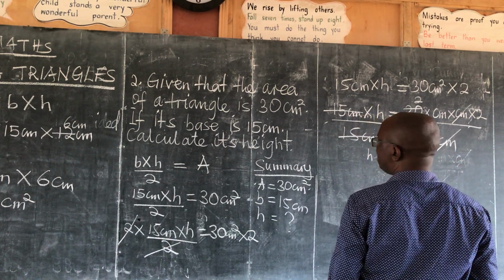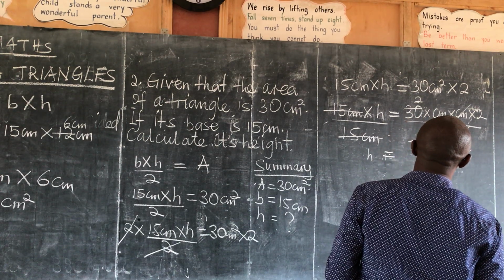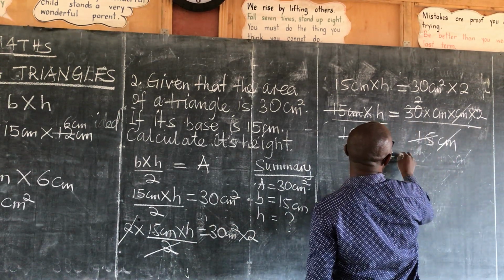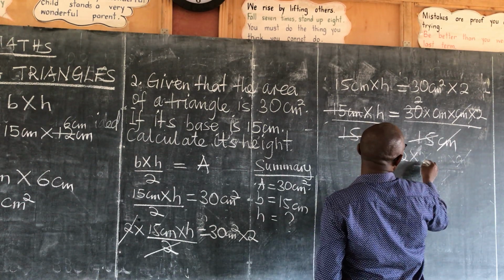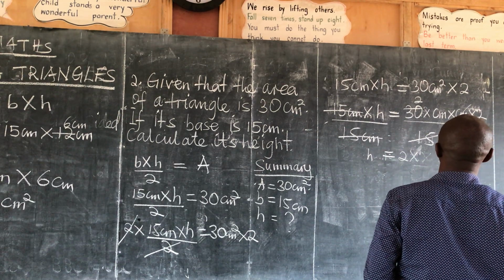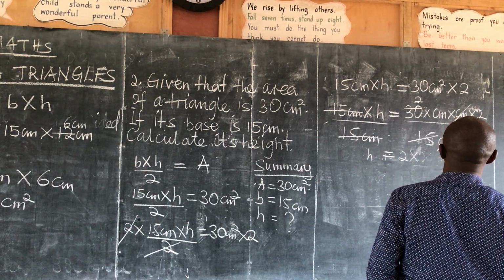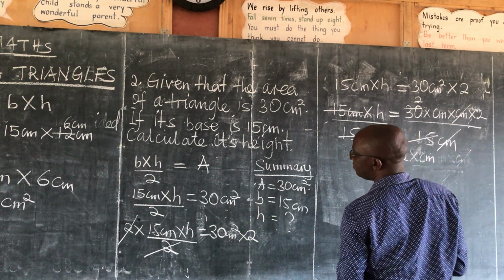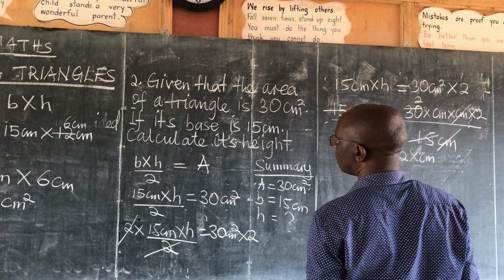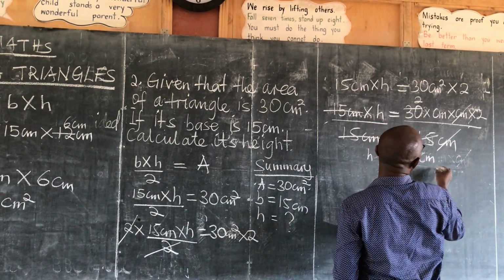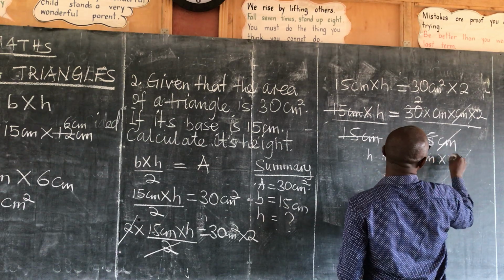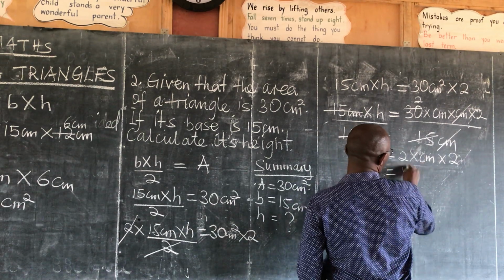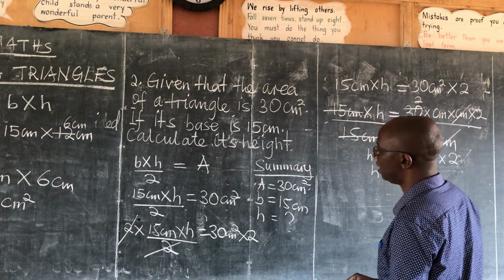So that is going to be 2 times the centimeters we have, and 2 times 2 centimeters, which ends up as the height is equal to 4 centimeters. The height is equal to 4 centimeters.